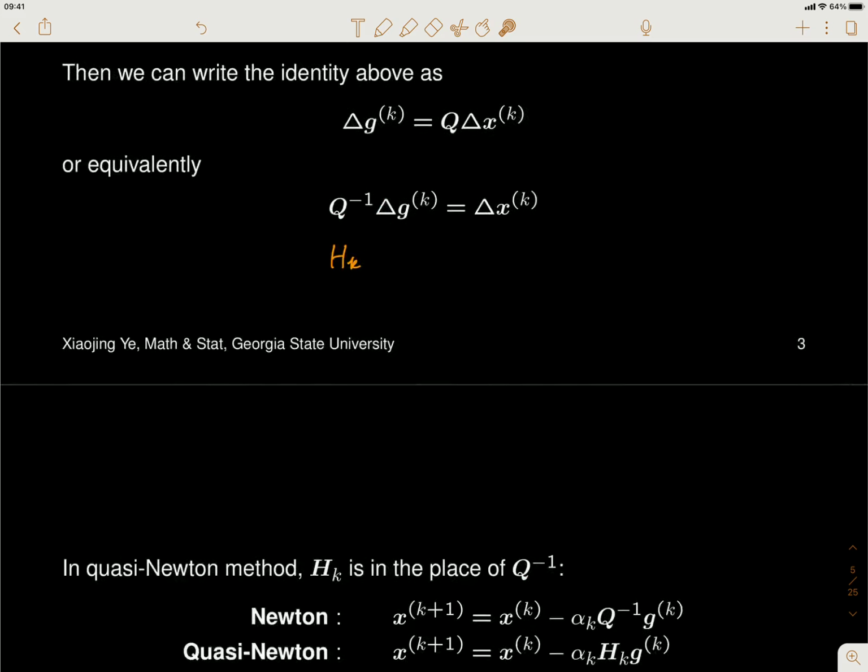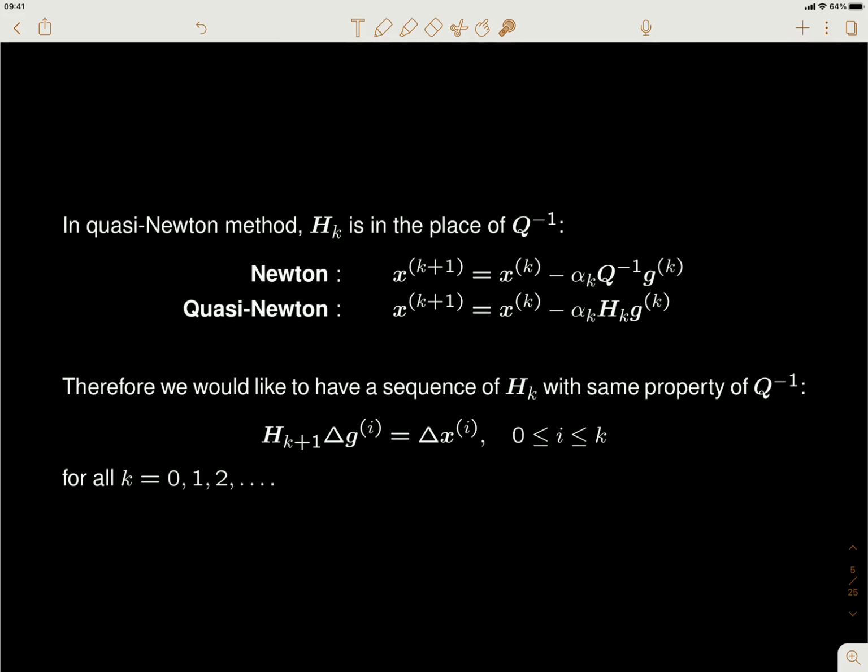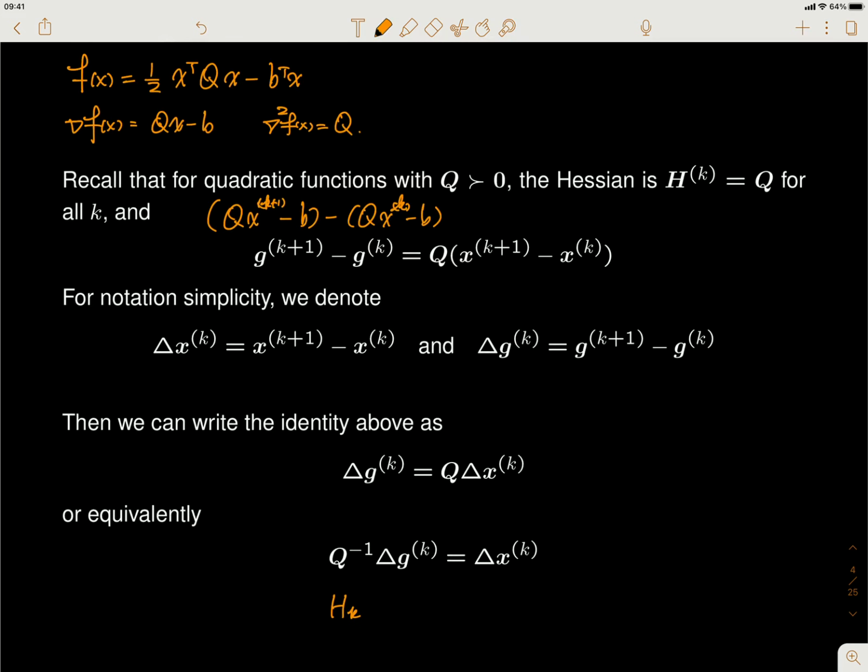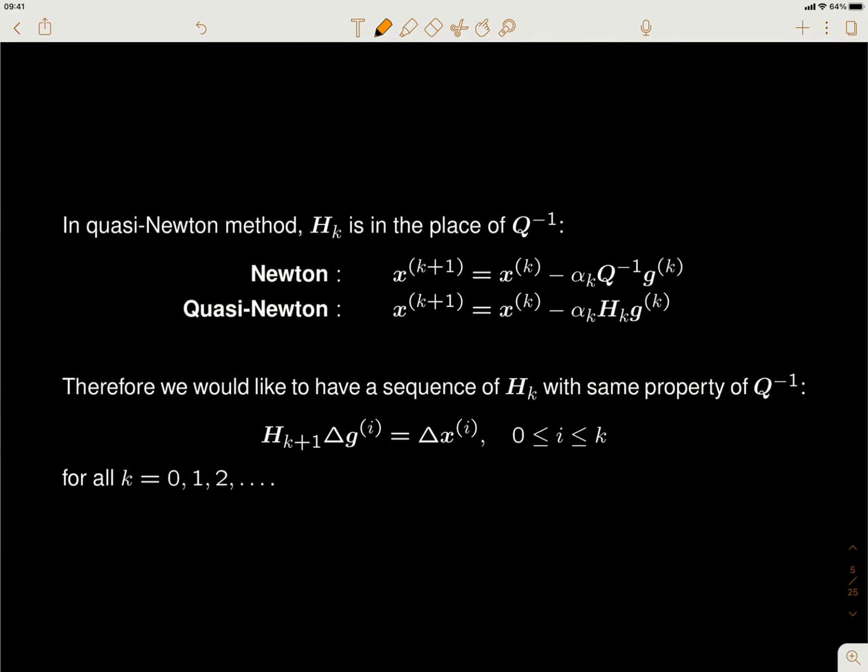So for the Quasi-Newton method, what we need to require is that hk delta gk is equal to delta xk. We want to design the hk in the Quasi-Newton method such that this equation holds. And actually we want a little bit more than that, as we will show later.